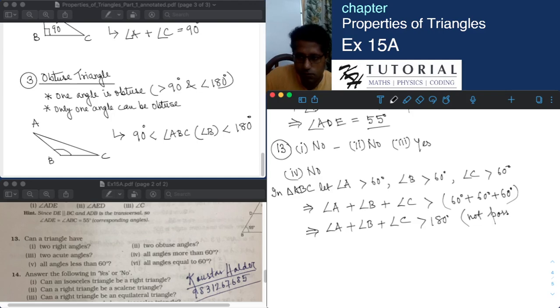Not possible, because we know that in any triangle the sum of the angles is always 180 degrees. So a triangle cannot have all three angles greater than 60 degrees.